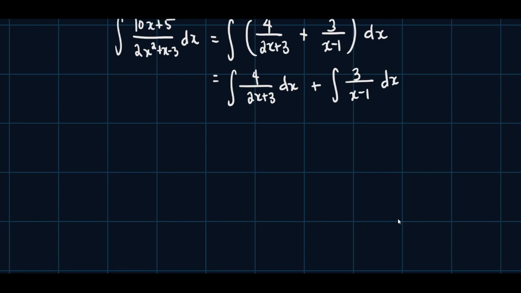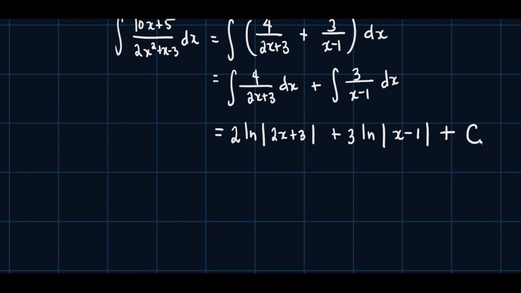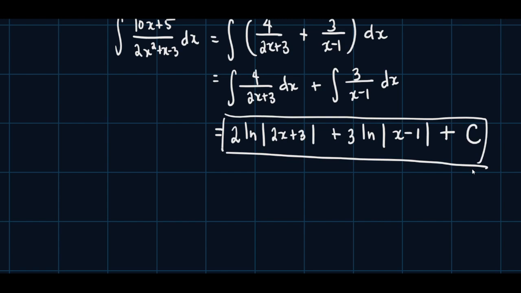So using integration by substitution, this gives us 2 ln of the absolute value of (2x + 3) plus 3 ln of the absolute value of (x − 1) plus C. So this is the simplest case of partial fractions or partial fraction decomposition. Okay? Now, what happened here?